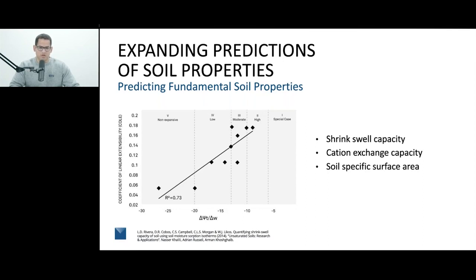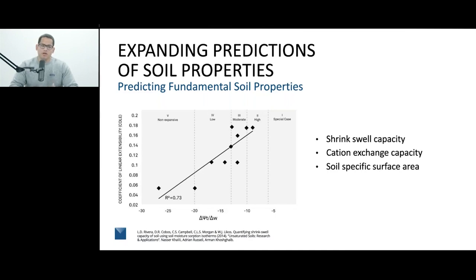And so here you have the COLE values on the y-axis and the slope of the soil moisture release curves on the x-axis. And you can see those different classifications of how expansive the soil is as the slope decreases. So yeah, that was a really easy way to use a soil moisture release curve to predict how expansive the soil is. But can we go beyond that?